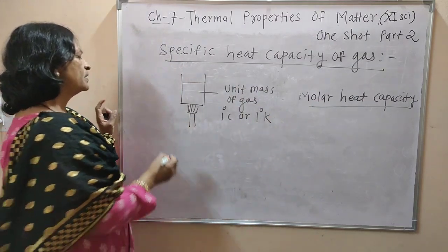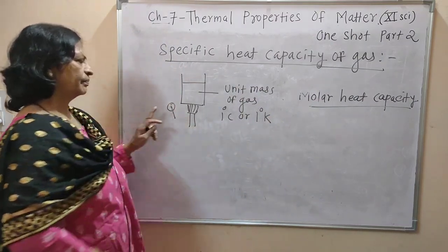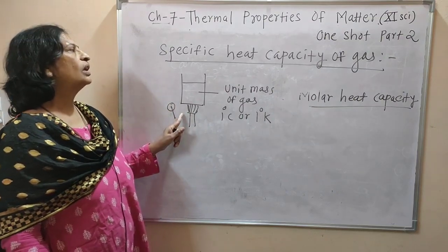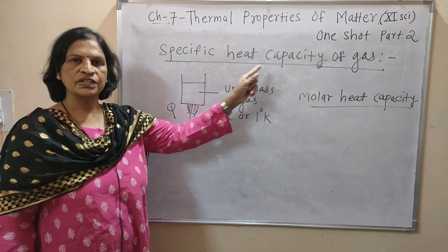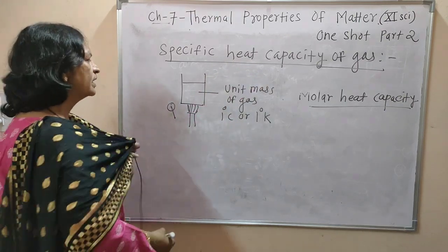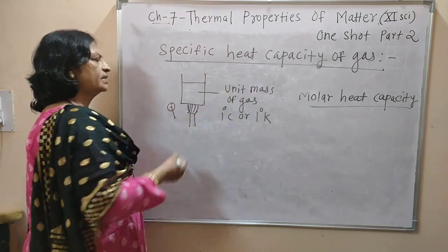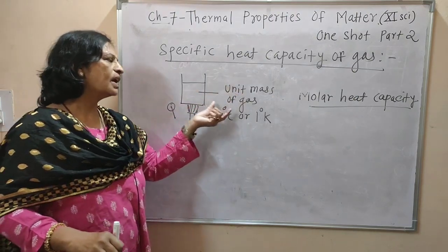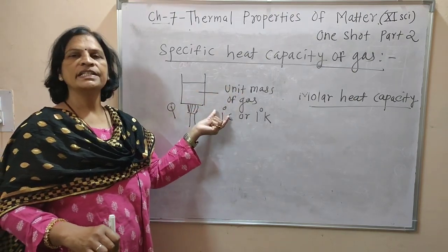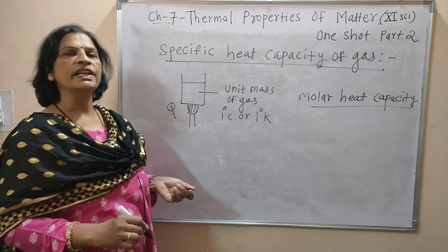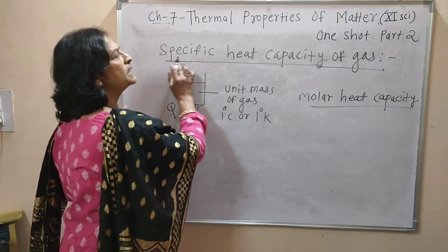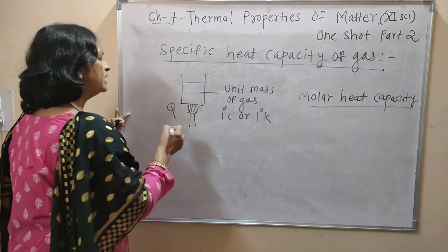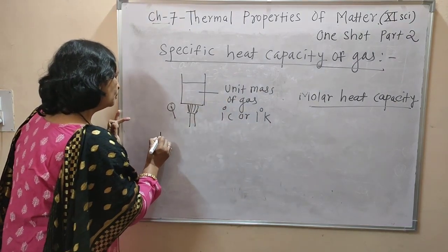For that purpose we have to supply heat, and that heat is called the specific heat. The amount of heat required to rise or fall the temperature of unit mass of a gas through 1 degree Celsius or 1 Kelvin is called the specific heat capacity of a gas. Now it is divided into 2 parts.